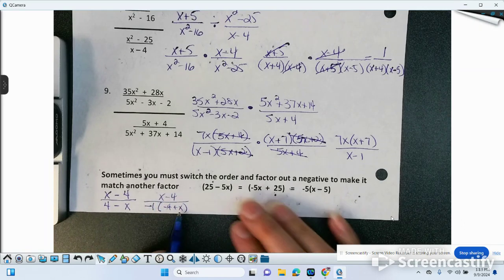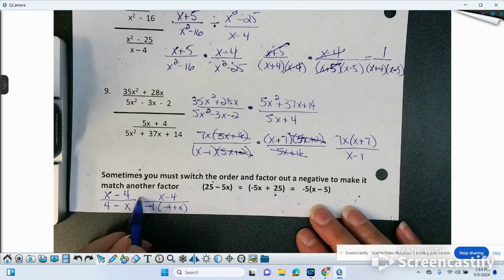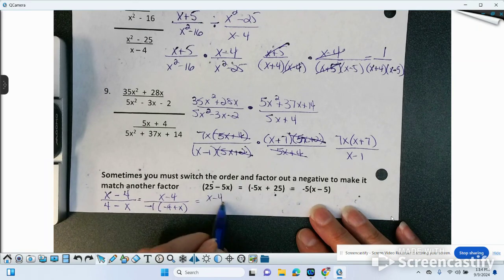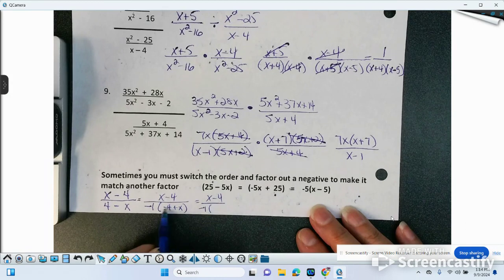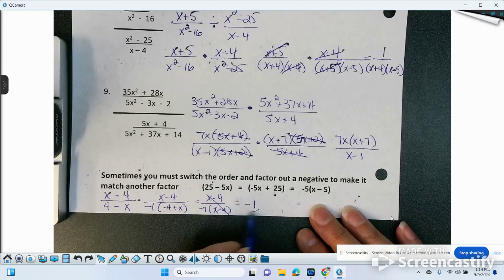If you rewrite this as negative 1 and you flip those around, this is still positive, that is still negative, and then they cancel. So you notice that your answer is negative 1.